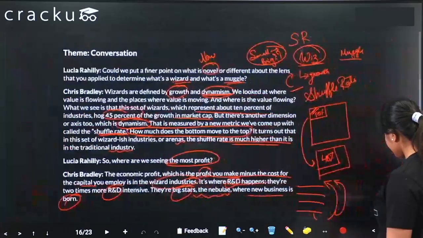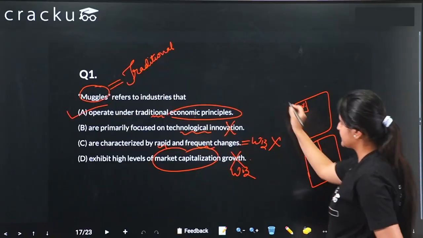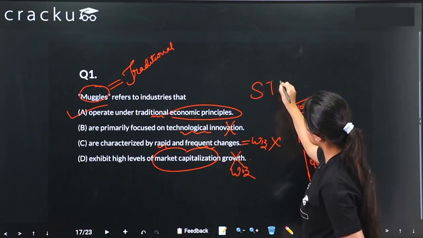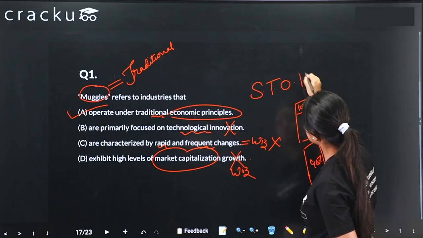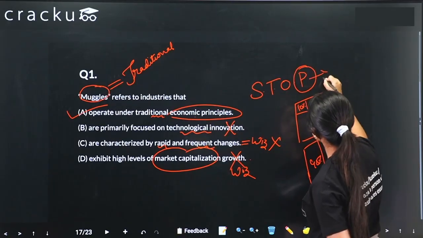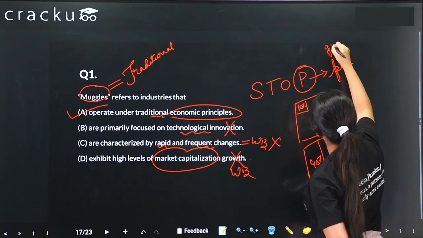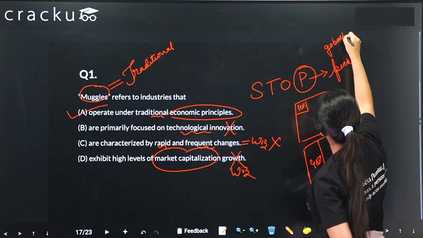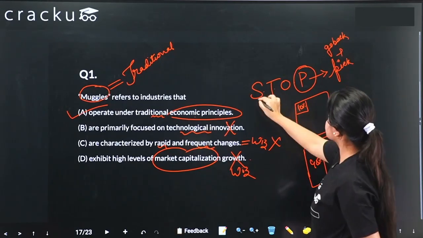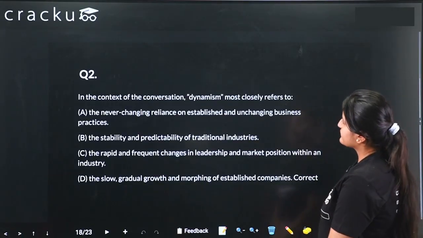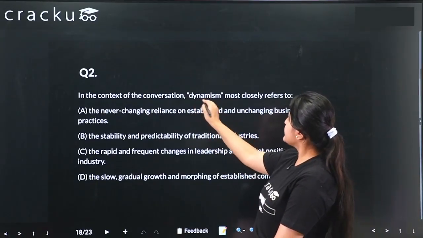So here, how did we solve it? We remembered, and scanning also helped here, but STOP always helps. We were able to go back and pick from the passage only. Next, in the context of the conversation, dynamism.